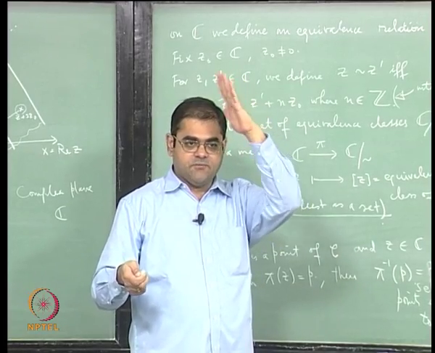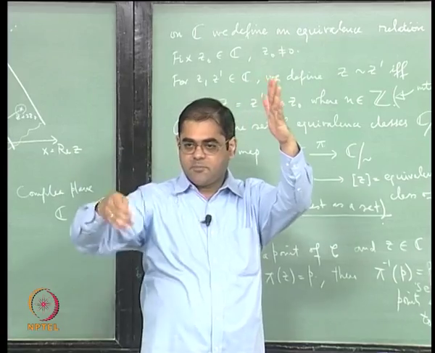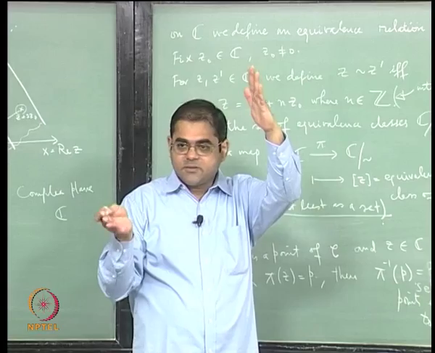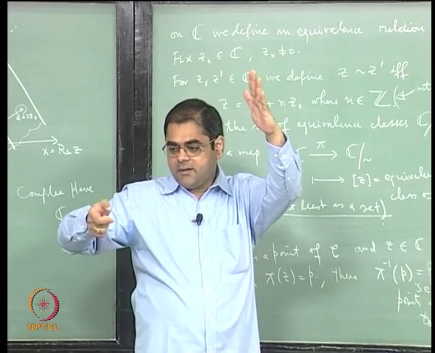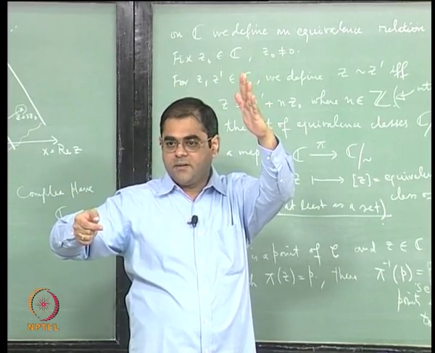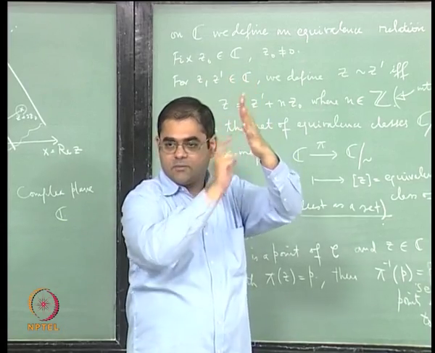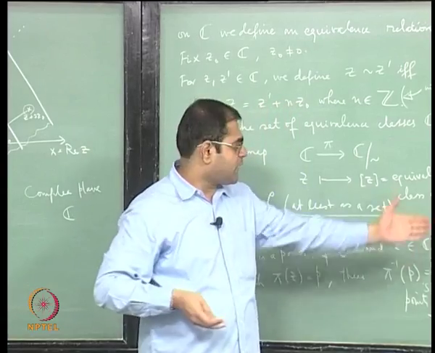Whenever you have a topological space and a surjective map to any set, then to this set you can give a topology, namely the quotient topology, namely you call a subset of the target open if and only if the inverse image under this map is an open set in your source topological space. So that is what I am doing here.